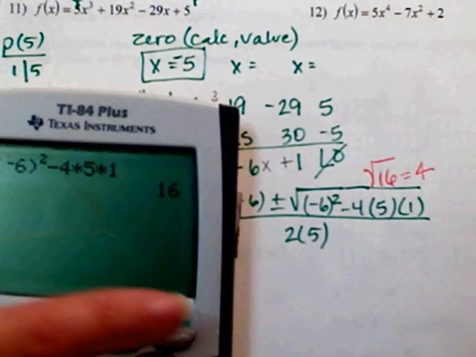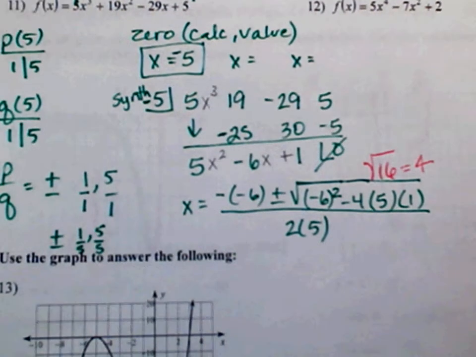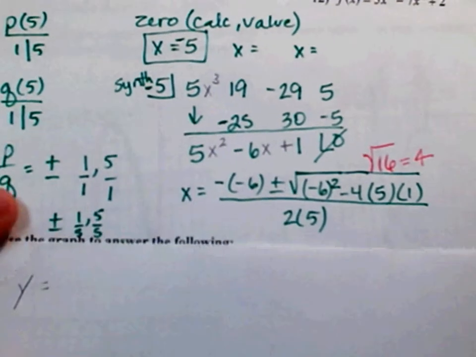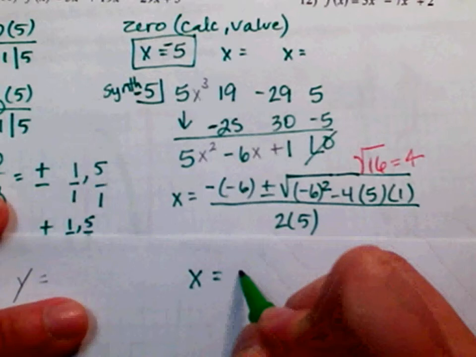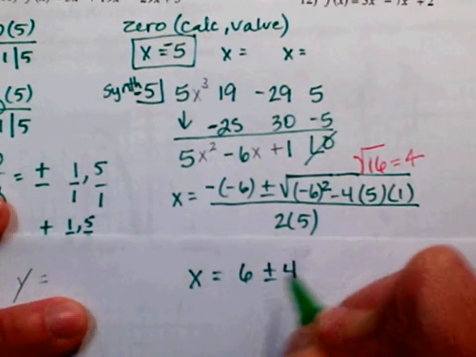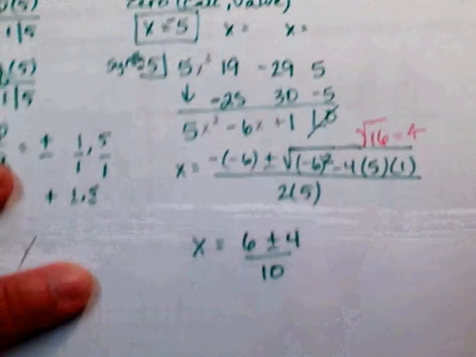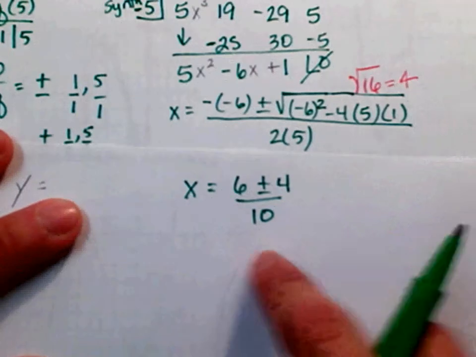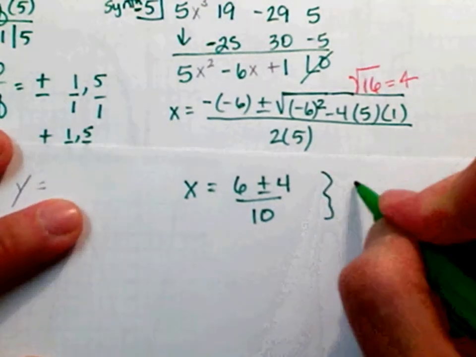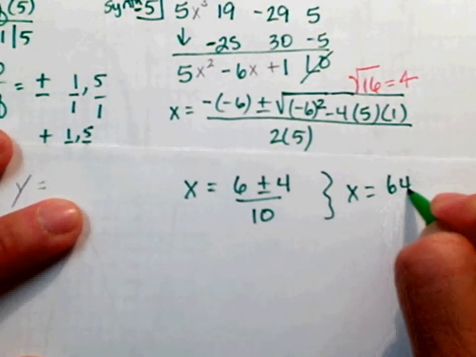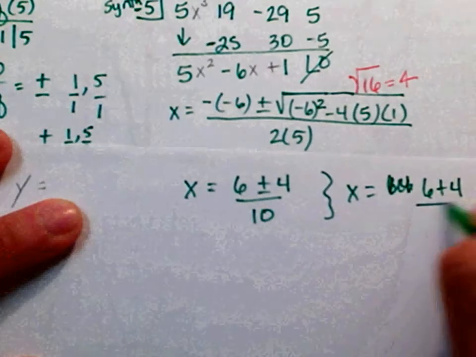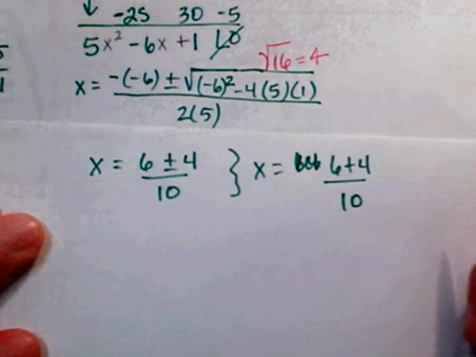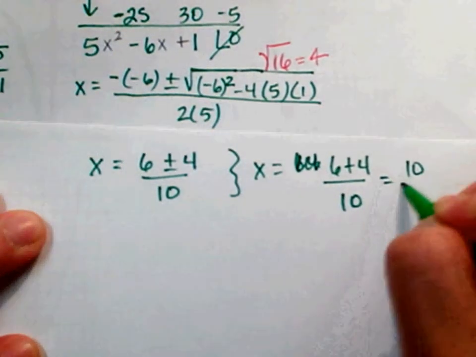So now let's rewrite this. Let me cover this part up so you can have more room. So x is equal to 6 plus or minus 4 over 10. Whenever I have a number like that, I like to separate them. So I will have x equals 6 plus 4 divided by 10. 6 plus 4 is 10 over 10, so your solution is 1.